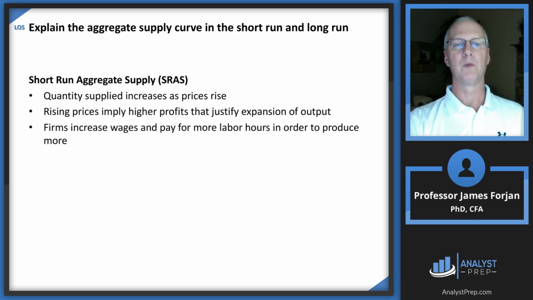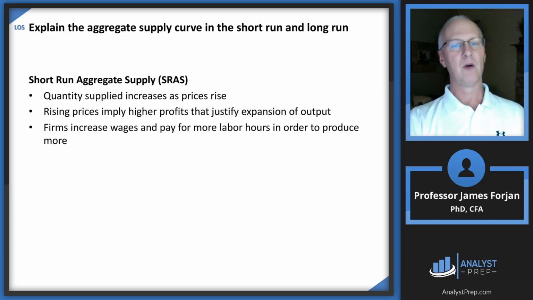Now, how about the short-run aggregate supply? This is where the quantity supplied is very sensitive to prices. And of course, the quantity supplied increases as the prices rise. Of course, you know, the PlayStation 4 owners, if they could charge $100 for a game, then they'd produce lots and lots of games.